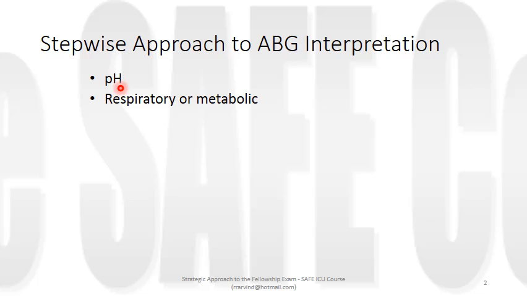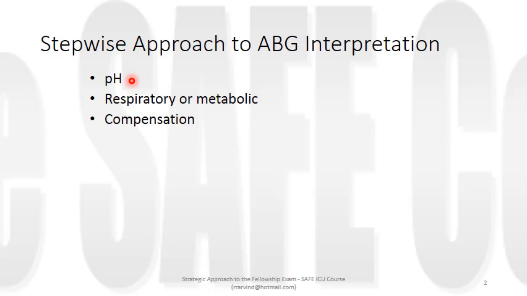Then I determine whether there is a respiratory component or a metabolic component. For the respiratory component, I look at what the carbon dioxide is doing, and for the metabolic component, I look at what the standard base excess is doing. Then I find out if there is compensation, which I'll talk about in the next few slides, so I'll skip it for just now.